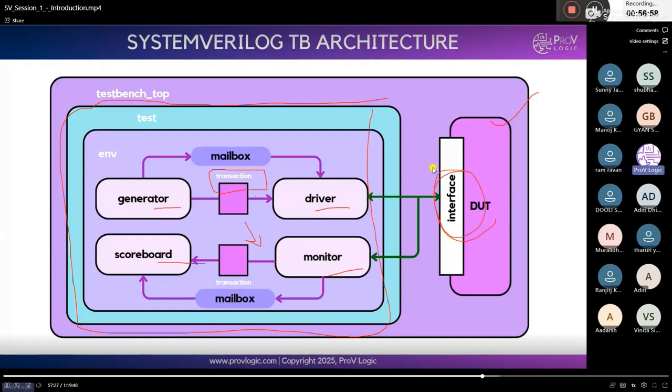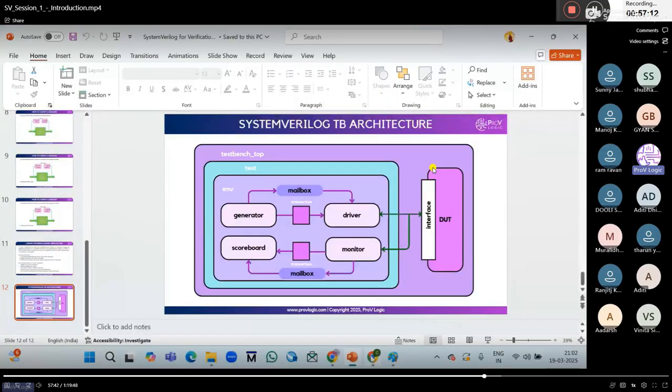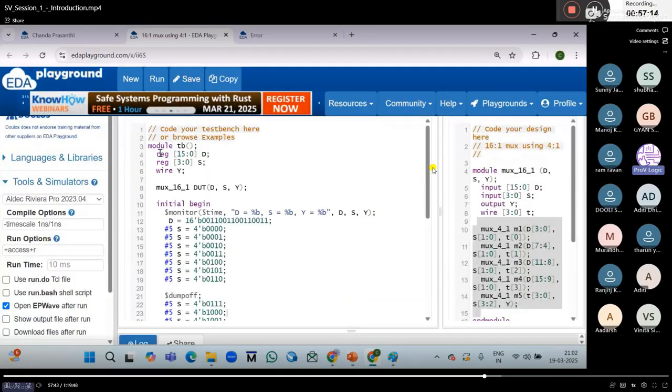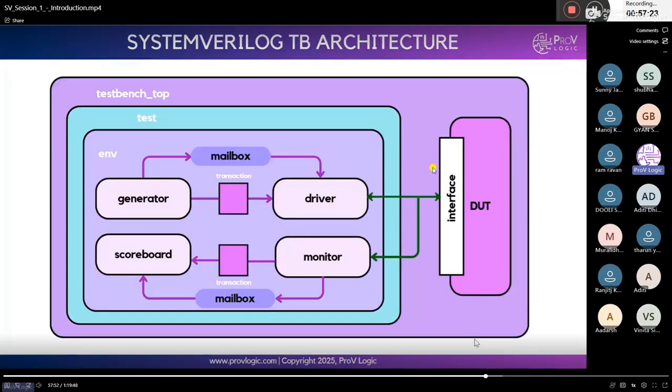In transaction, we will declare all inputs and outputs. The same we declare in the interface also. Mostly you will confuse between interface and transaction, but I will give you the clarity.